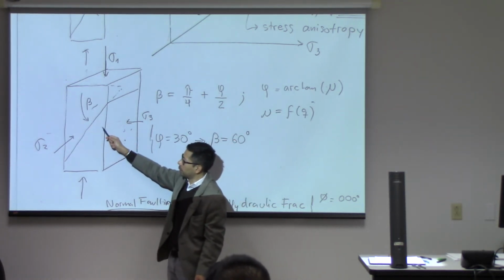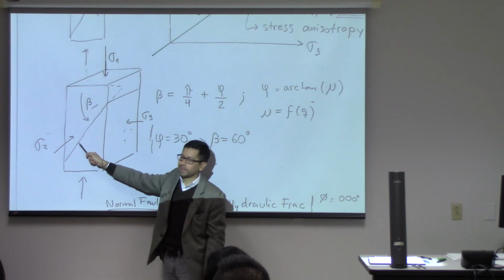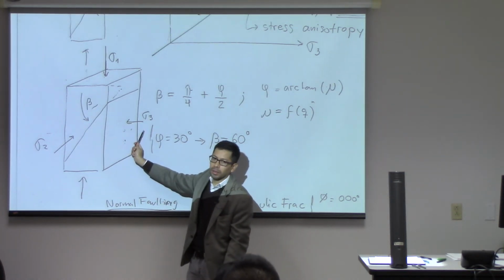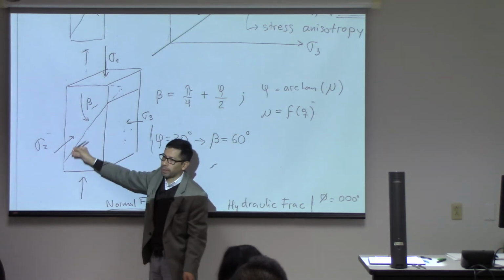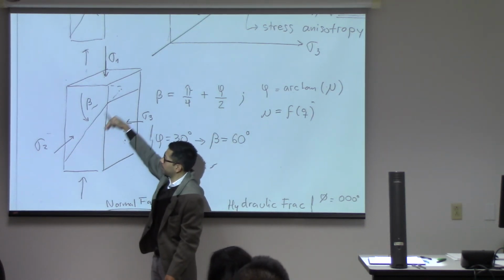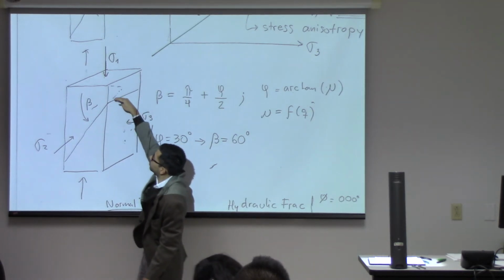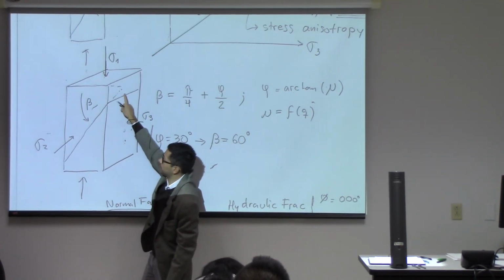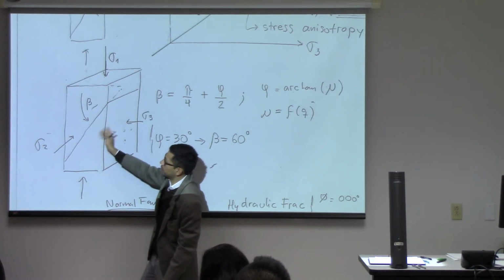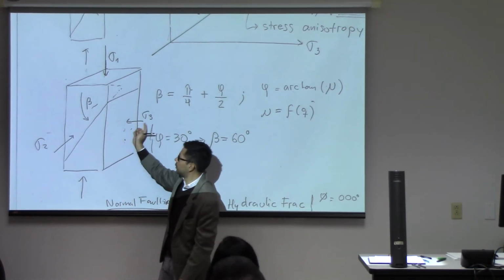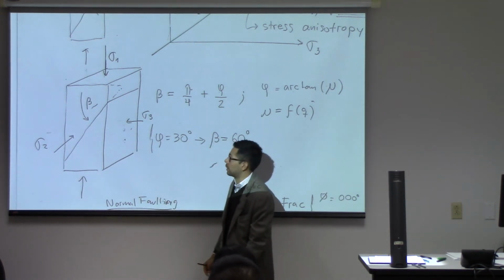Why would it do work against sigma 2 if that's larger than sigma 3? It will break in a plane so that when it moves, it is going to move down according to the maximum principal stress in that direction, and it's going to move against the minimum principal stress. Always do work against the minimum principal stress.